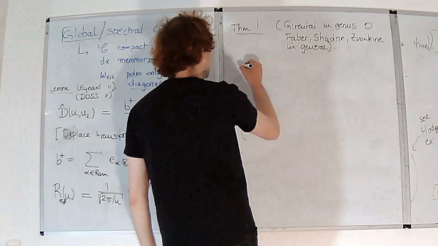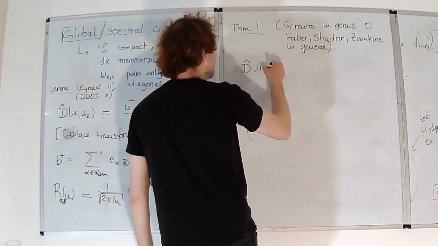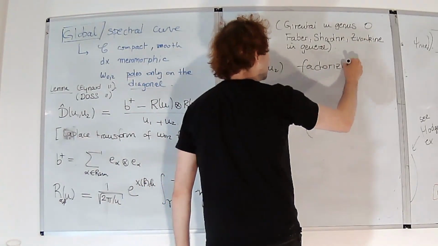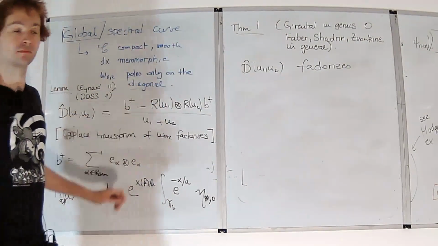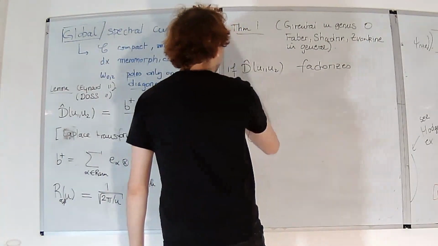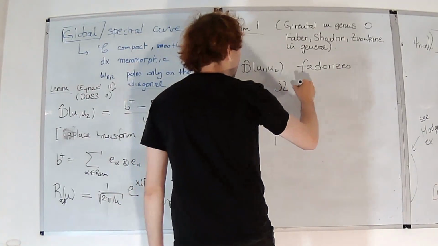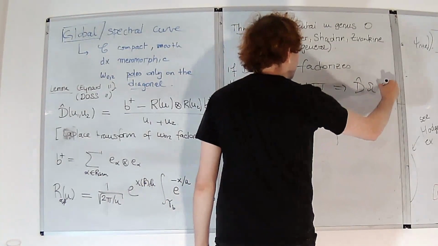But if you have that D of U1, U2 factorizes, so it's more or less of this form for some R, then Omega CohFT implies D hat Omega CohFT.